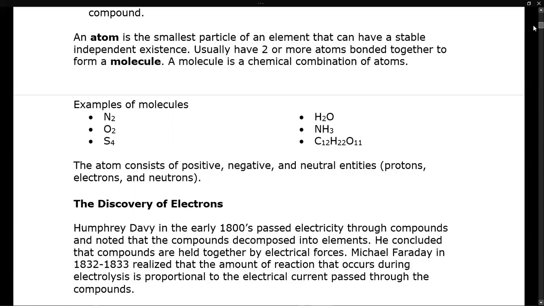Michael Faraday realized that the amount of that reaction that occurs during what we call electrolysis, or running electric current across these compounds, is proportional to the electric current passed through the compounds. We'll talk about him if you take this second course, Chem 111.